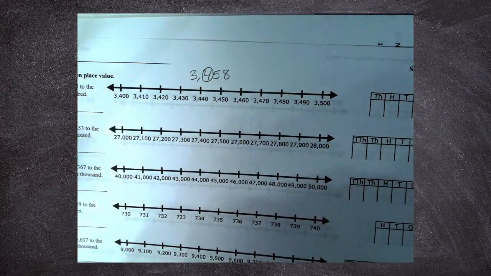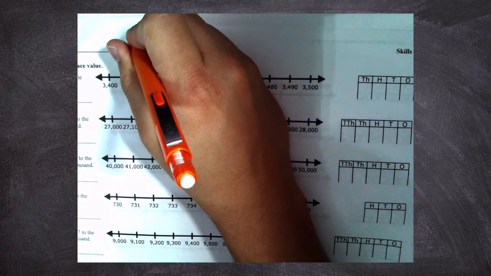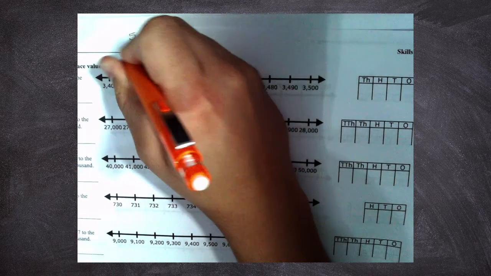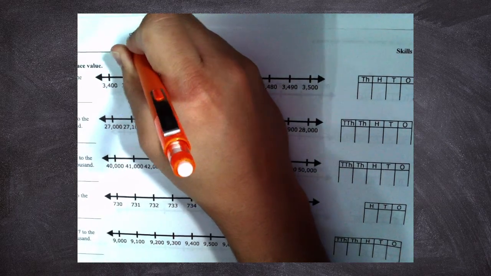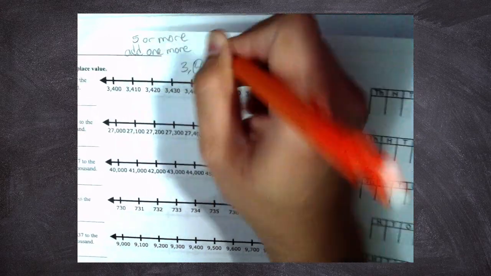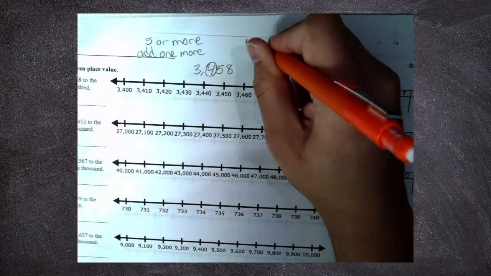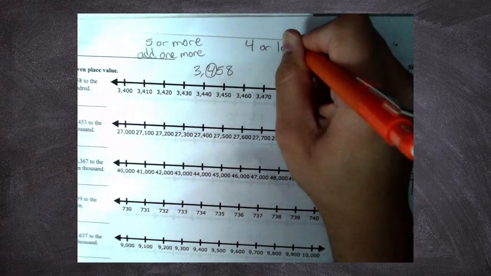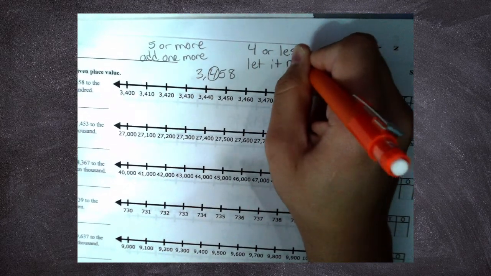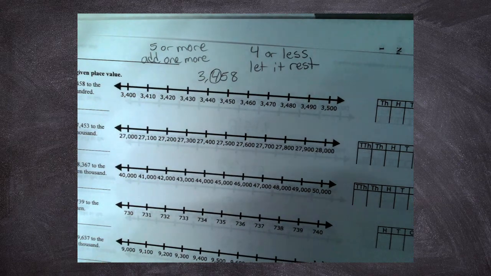Since I did switch over to a new page, I want to write that rule again. 5 or more, add 1 more. 4 or less, let it rest.